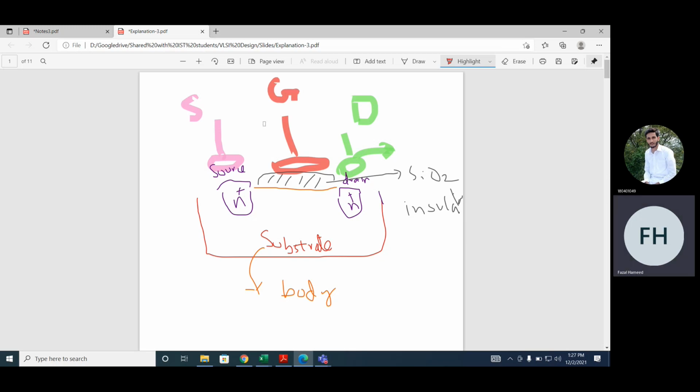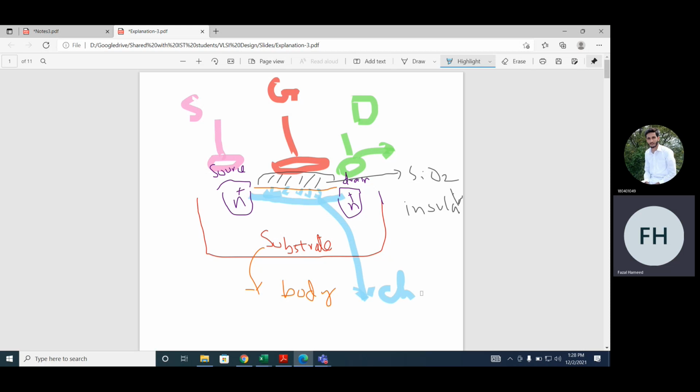Okay, so in an NMOS transistor, when you apply a VDD, since there is a silicon dioxide layer, it will create a channel. In the absence of the voltage, there will be no channel.